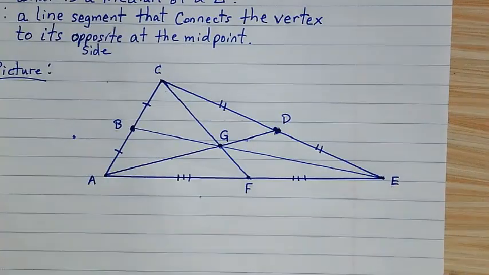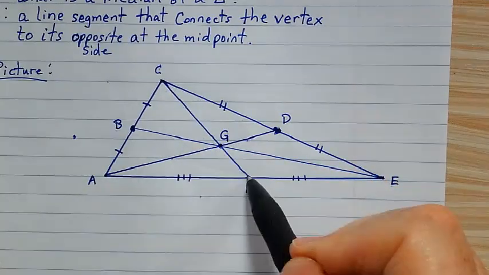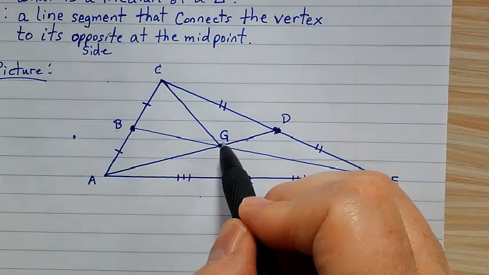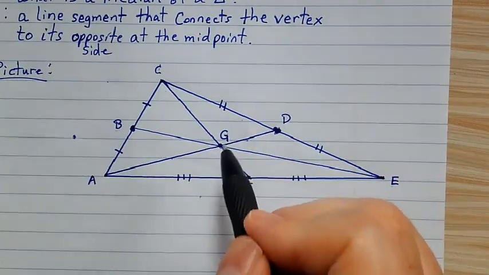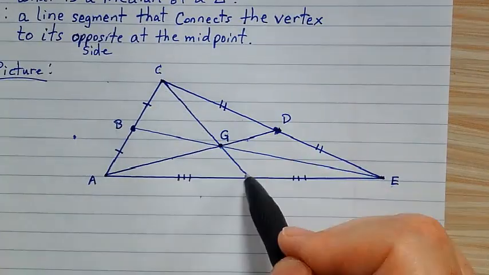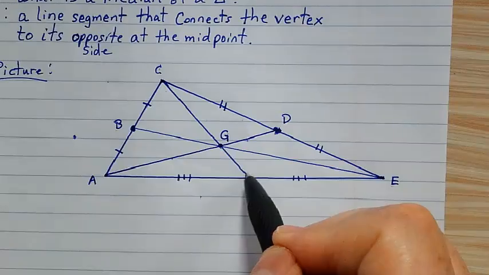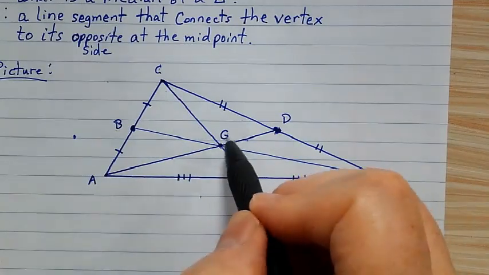Do you notice, for example, median CF? That median, that centroid, that point right there, G, chops up median CF into two segments. One segment is the short side, and the other is the long side. And you could see that GF is the short side, and the distance from G to the vertex is the long side.